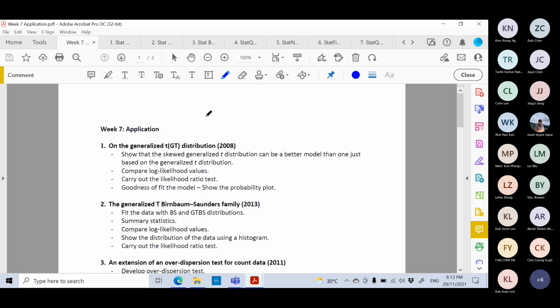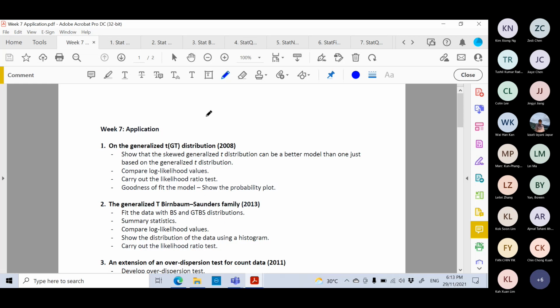The first one will be the distribution. I think during week number 5, I introduced a few research papers on distributions. Last week, I also introduced some papers on distributions.